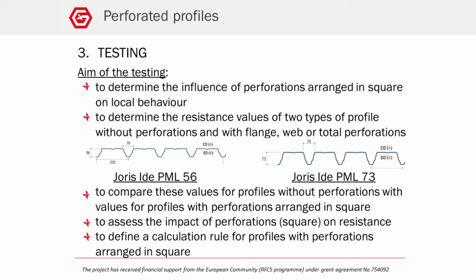The third aim was to compare the values obtained for profiles without perforations with values for those with flange, web, or total perforations arranged in squares. The fourth aim was to assess the impact of these perforations on the resistance of the profile. The final aim was to define a calculation method for profiles with such perforations.